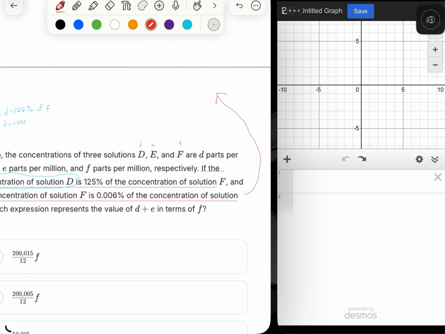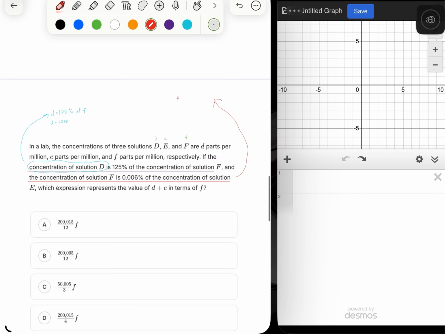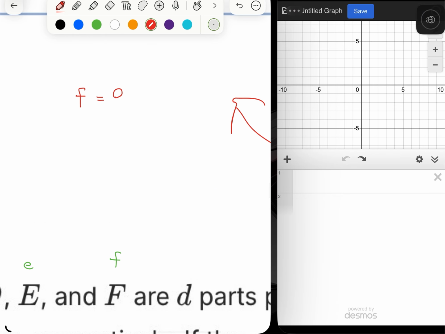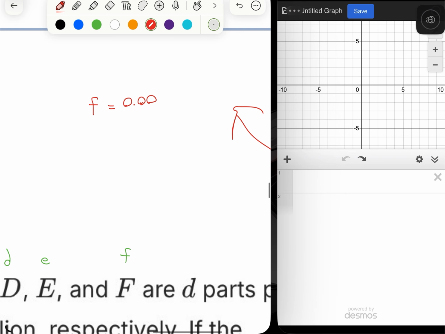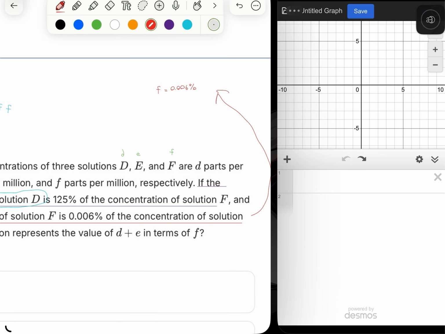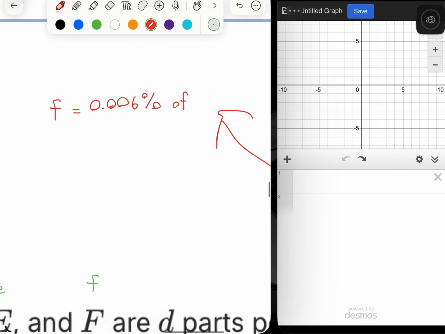Well, once again, we do F equals 0.006%. So I'm going to write that first. Make sure you're writing the number of zeros properly, because when you're under time pressure, you can mess that up sometimes. But percent of the concentration of solution E. So this is of E.